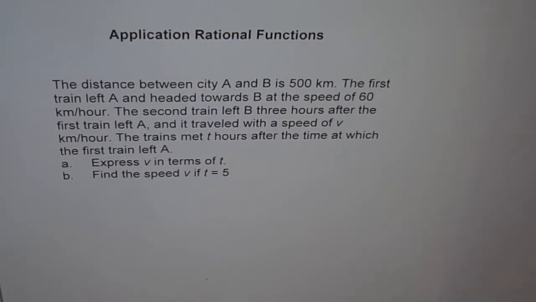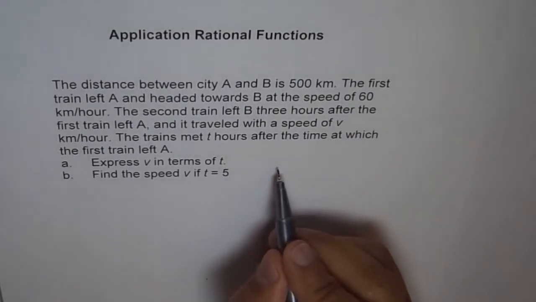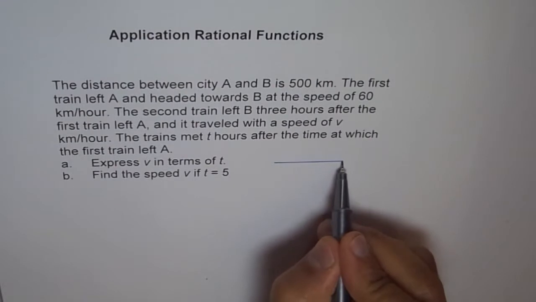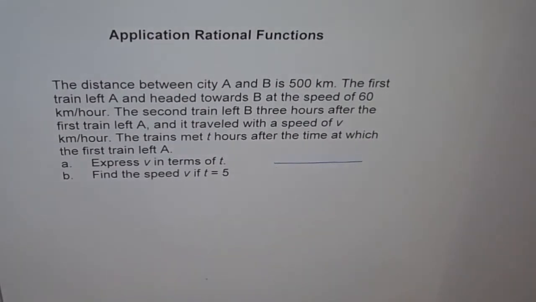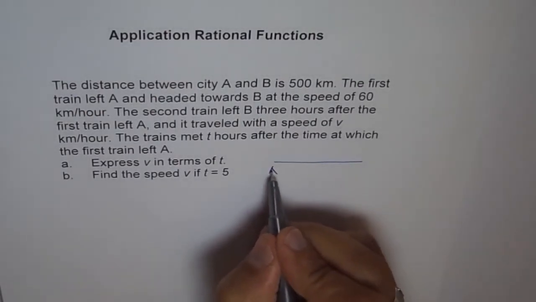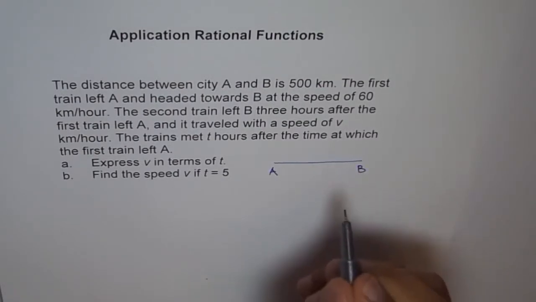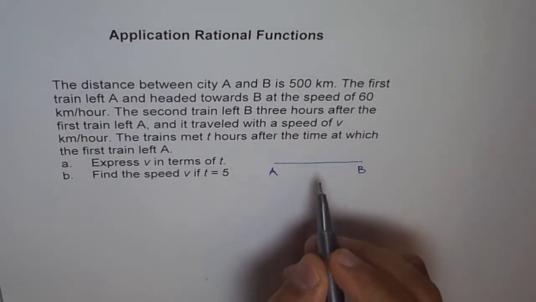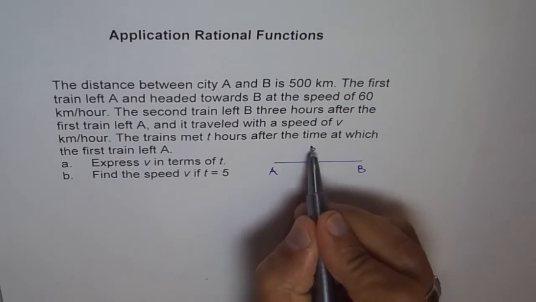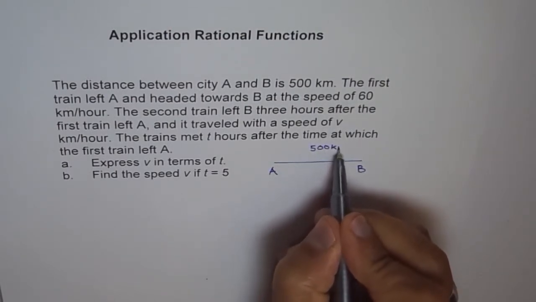Okay, let me make a small sketch of this question, to try to understand what's happening here. Let's say we have two cities, A and B, and they are 500 kilometers apart, right? So 500 kilometers in between, correct?